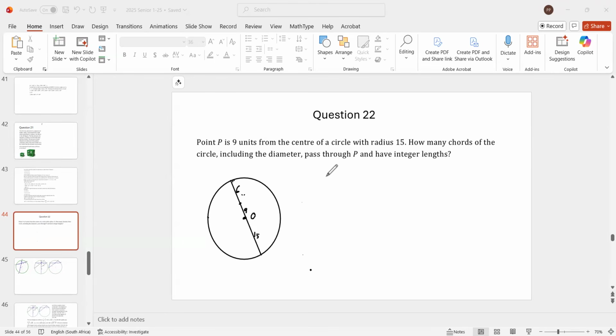And all chords have length less than or equal to 30, because the diameter is the longest chord. So we'll just hold on to that.